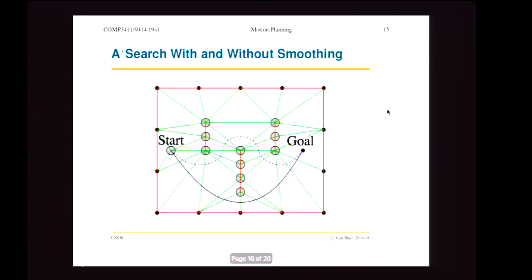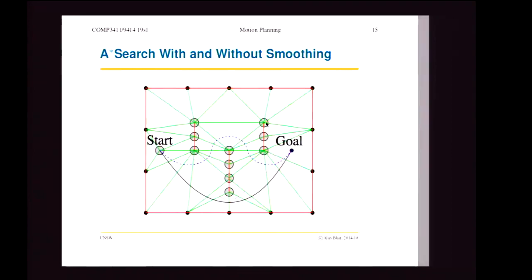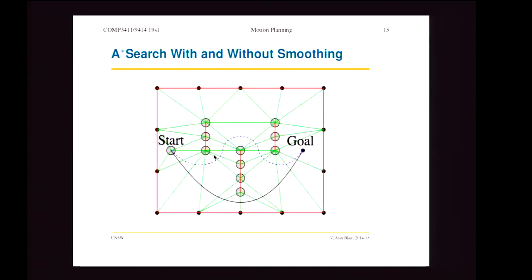So what happens here? This is an example of possible paths. And remember, each of these paths is broken down into segments between these edges. In here, there's a cubic function, and in here, there's a cubic function.